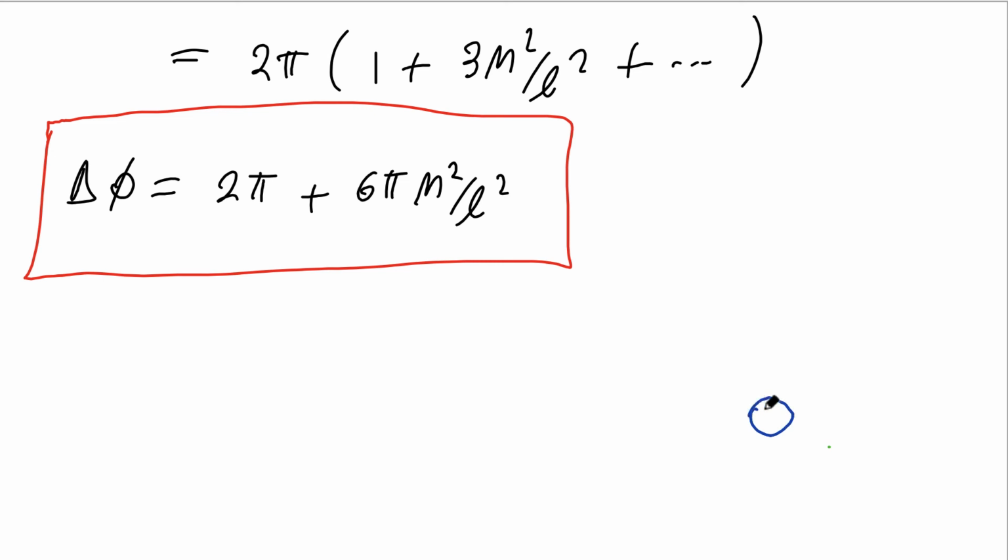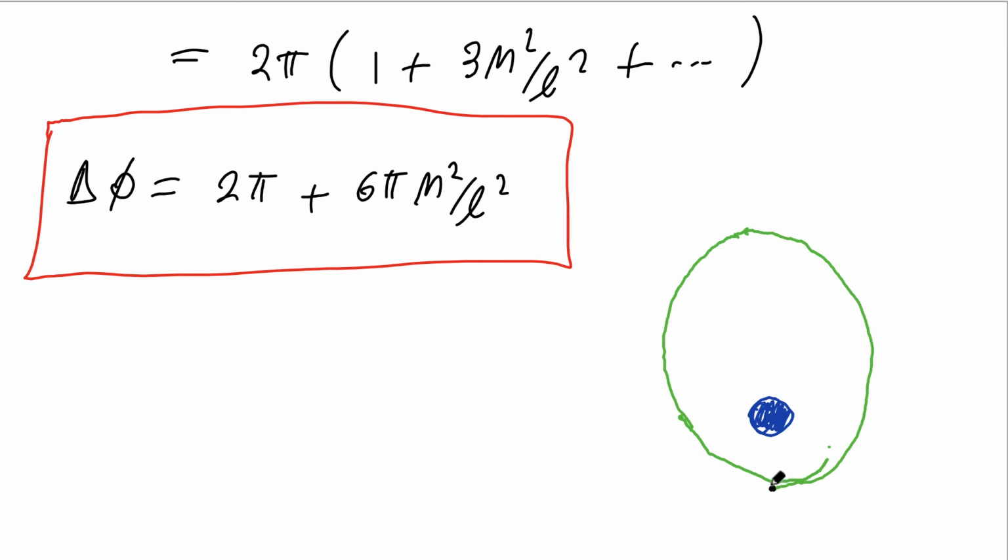So here's the sun, and here's a planet starting at its point of closest approach. It moves outward. Here's the point in which it's the farthest away from the sun. Then it comes back. Now if this were Newtonian gravity, it would reach its point of closest approach, called the perihelion, after moving through an angle of exactly 2 pi. But in general relativity, it reaches its point of closest approach a little bit later.